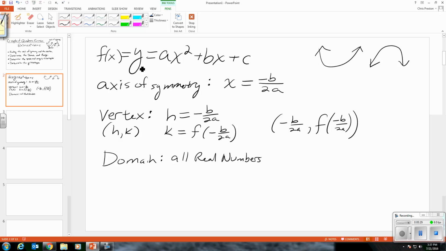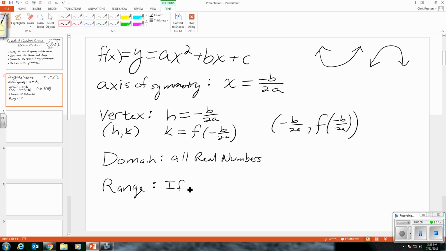In fact, for all polynomial functions, the domain is all real numbers. The range, on the other hand, are the y values, and these are going to be limited based on whether the graph is facing upwards or facing downwards.